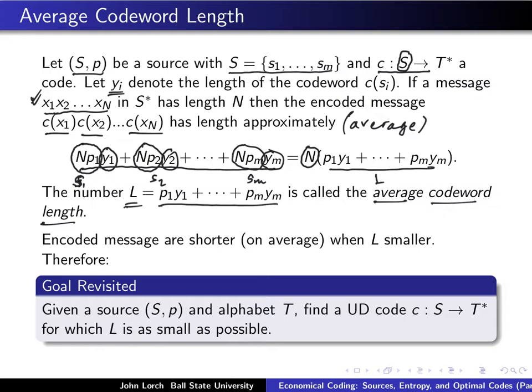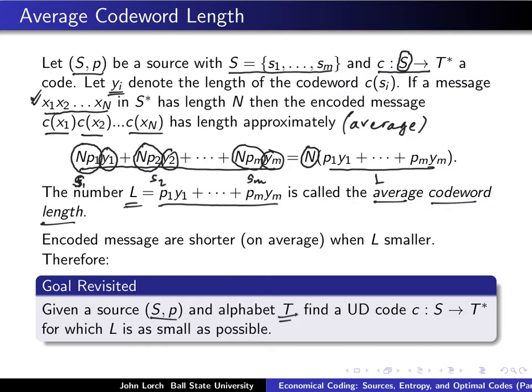Now, it makes sense that encoded messages are going to be shorter on average when L is smaller. Therefore, we have a goal that we'd like to meet. Given a source (S, P) and an alphabet T, we'd like to find a uniquely decodable code from S to T star for which this average code word length is as small as possible.